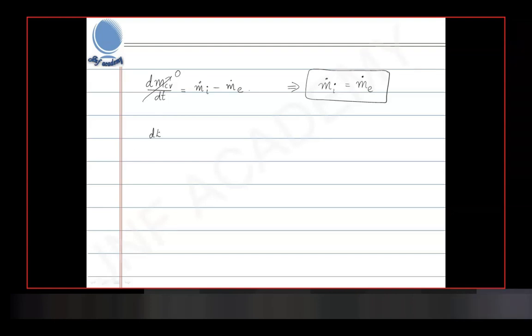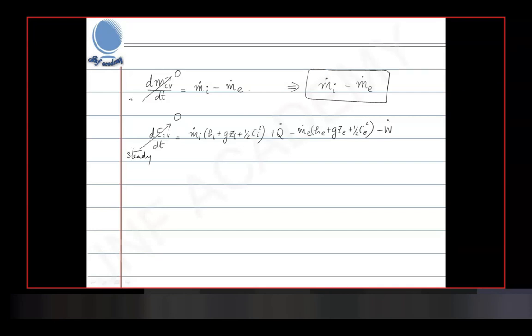Now coming to the energy equation, dECV by dt was written as m dot I (hi plus gzi plus half ci square) plus q dot minus m dot E (he plus gze plus half ce square) minus w dot. Now for a steady control volume, this is equal to 0.